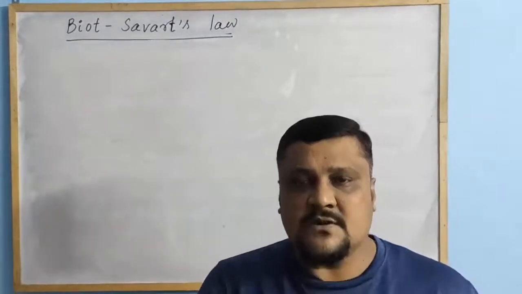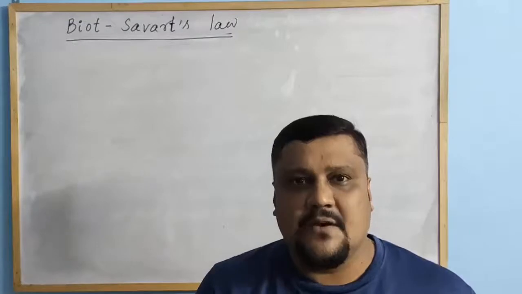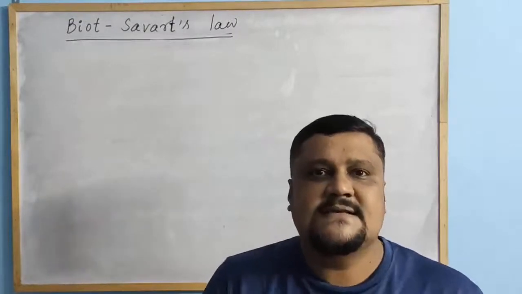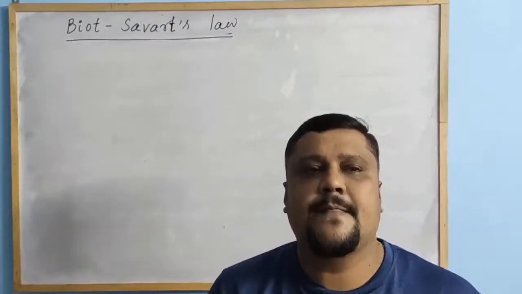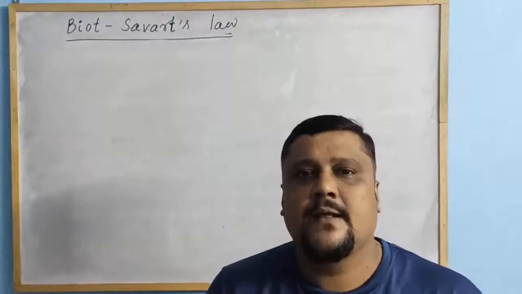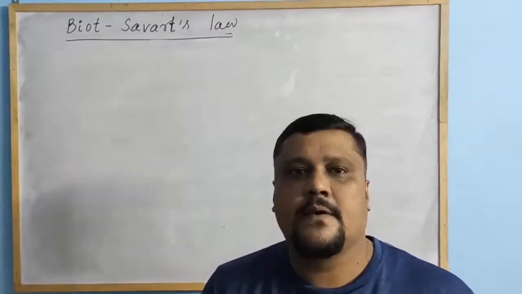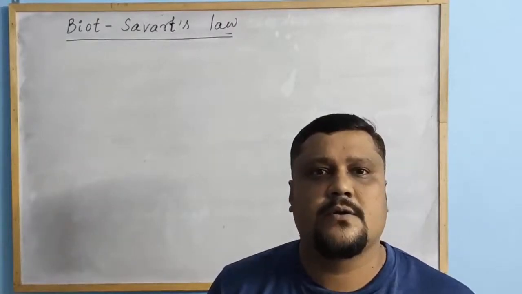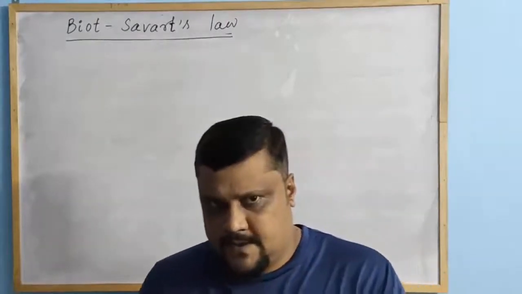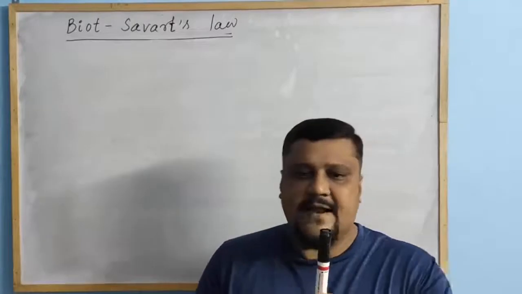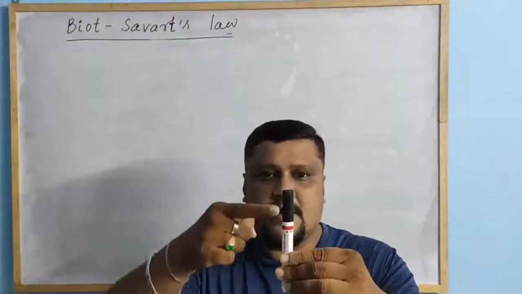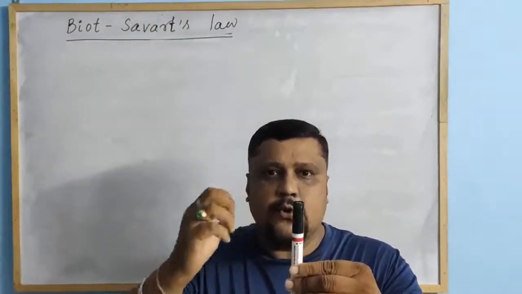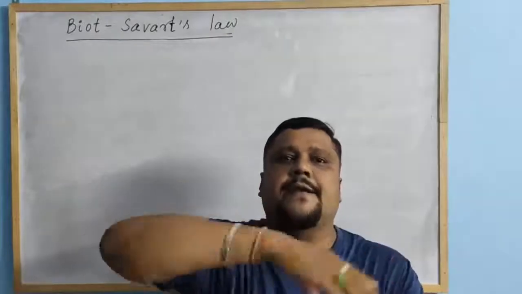So, Biot-Savart's law is the law which is used to calculate the magnetic field at a point due to a current carrying conductor. Clear? According to your Oersted experiment, if there is a current carrying conductor, it will produce a magnetic field around it.